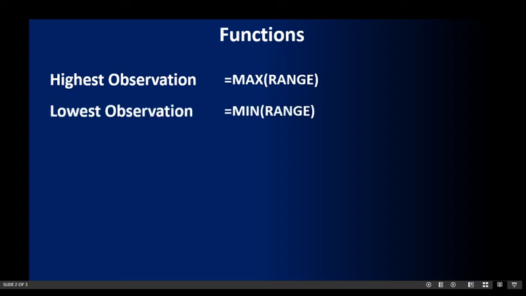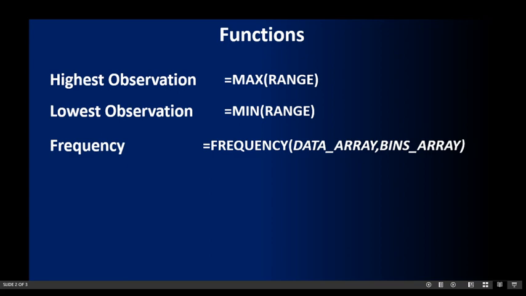For finding the lowest observation, the function is equal to minimum and range. And to find the frequencies of the classes, the function is frequency, data range, and Bins array.